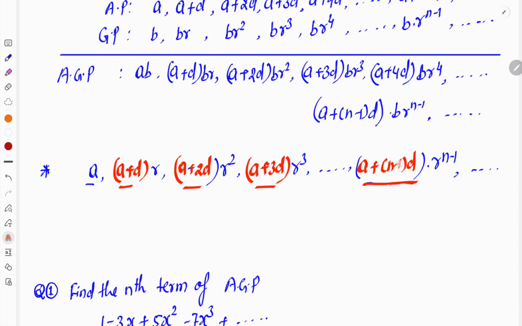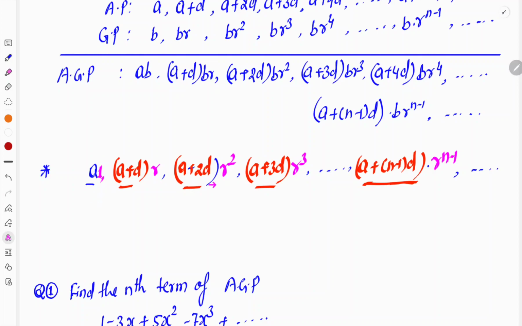And if you see the second factors, R power 0 means 1, then R, then R square, then R cube, up to R power N minus 1 for the nth term. So 1, R, R square, R cube is also in GP only.